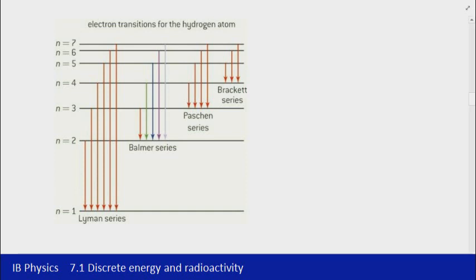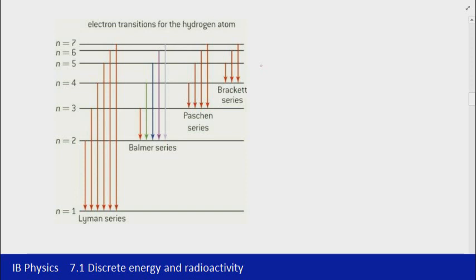We're just looking at what the transitions themselves are. Now, with this diagram, you can see that we've got different series indicated here. So the Lyman series is basically any transition down to n equals 1. The Balmer series is any transition down to n equals 2. The Paschen series down to n equals 3. The Brackett series down to n equals 4. There's the Pfund series down to n equals 5, and so on and so forth as well.